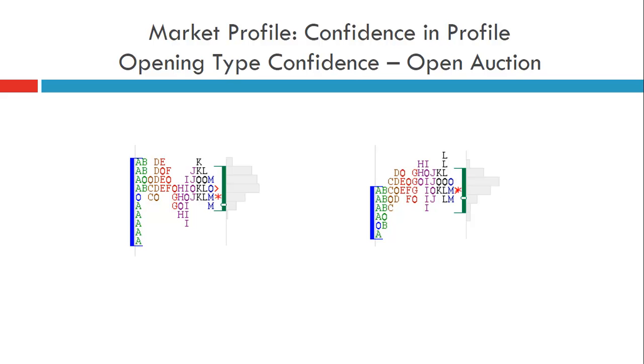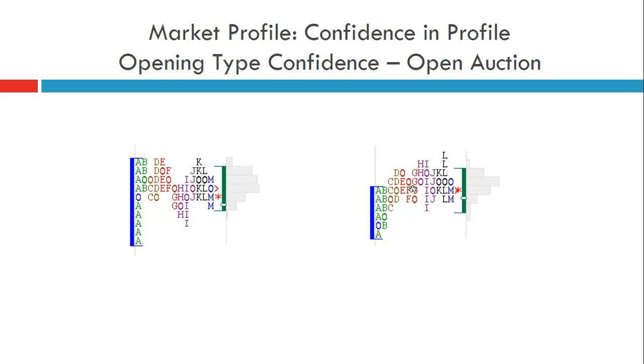Why it is difficult is sometimes the market tries to print an A or B or a C letter outside the range, and it gives a false impression to the trader that a breakout is happening, or let's say open test drive is forming, but then it again falls back into the range and it starts rotating in a very narrow range. So it gets very frustrating for a trader.